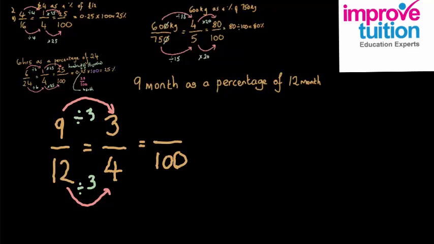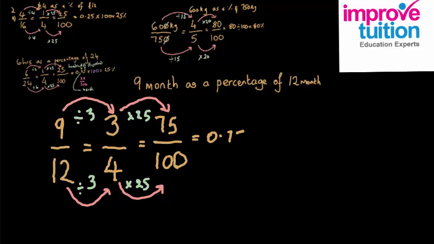So we get 3 quarters, so we've got 3 over 4, and if we convert that into a fraction with a denominator of 100, because it's easier to work out a percentage, then we times the numerator and the denominator by 25, and we get 75 over 100.